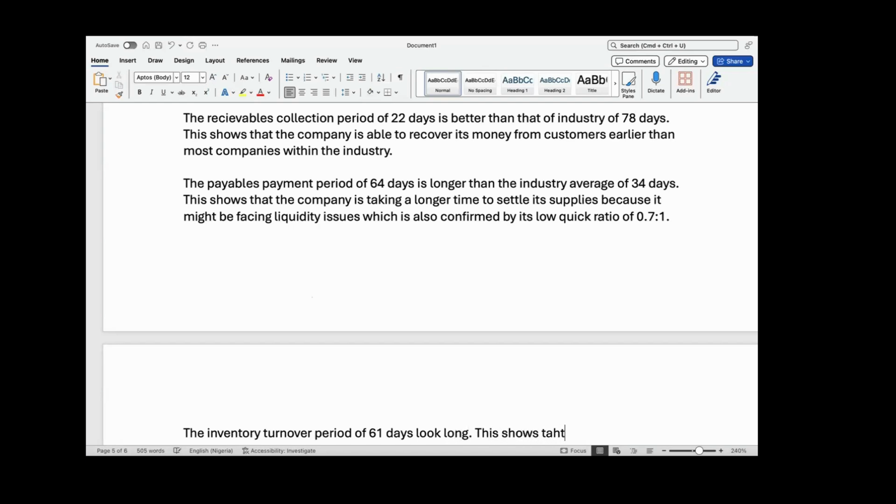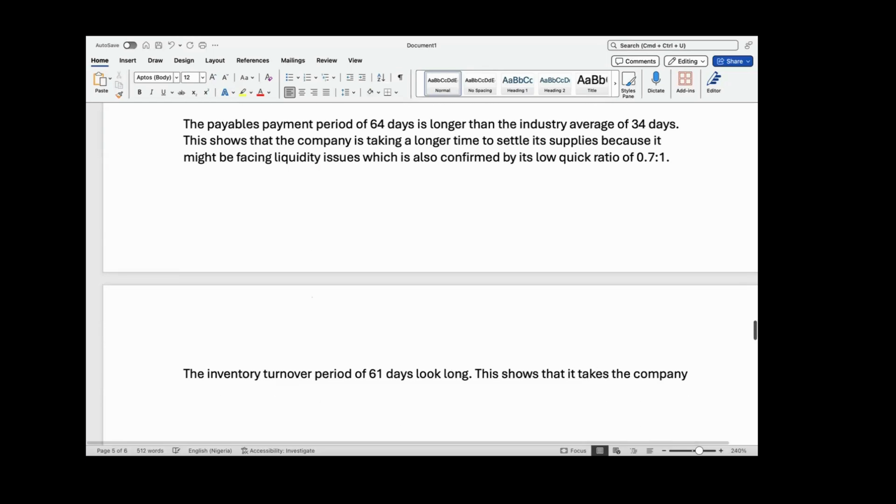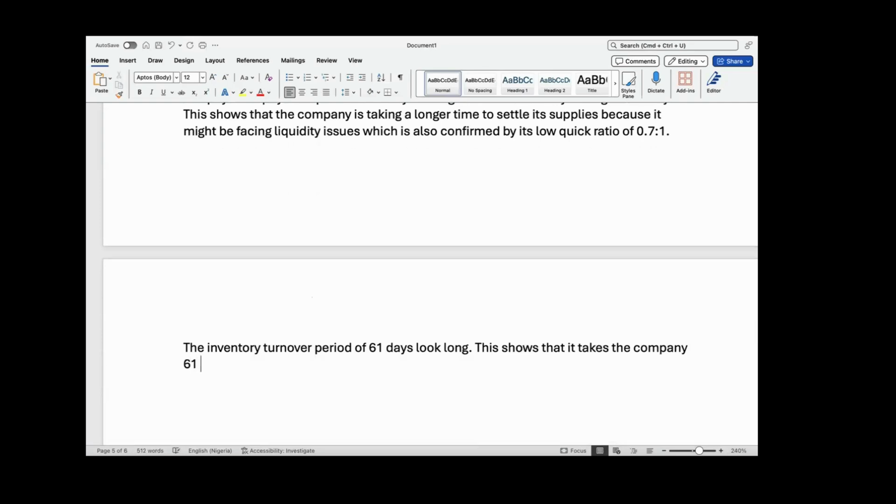This shows that it takes the company 61 days before it can sell its inventories.